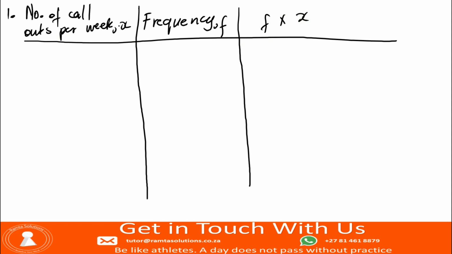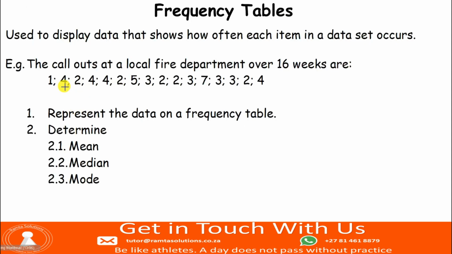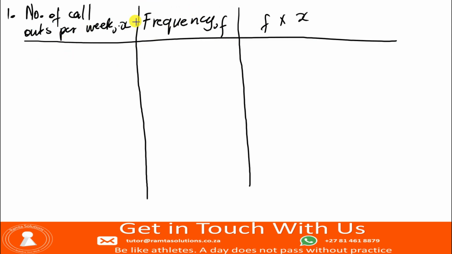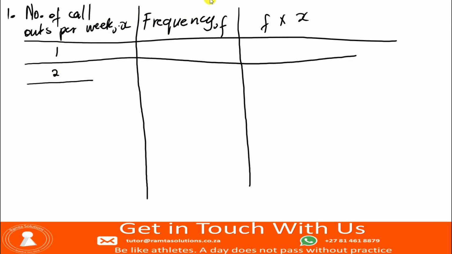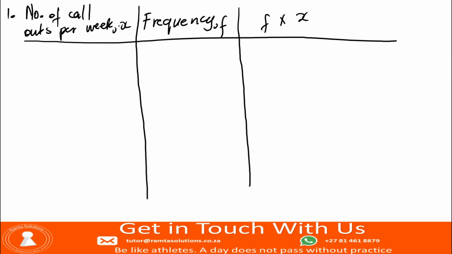When we look at our data, we had 1 callout, 2 callouts per week, 3, 5 callouts per week. We don't have 6, we have 7. However, I'm going to represent this data from 1 to 7. The minimum was 1, so we say 1, then 2.